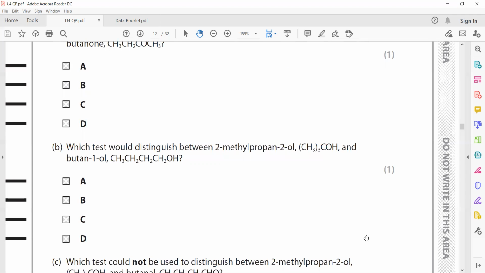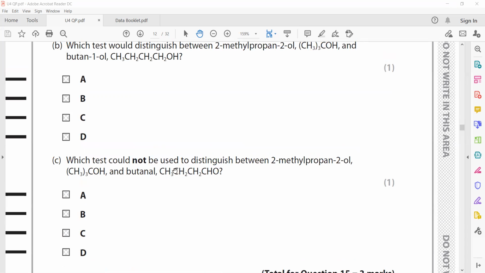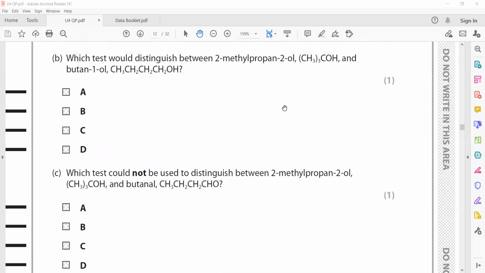Alcohols are soluble, so both will dissolve due to hydrogen bonds. Here, 2-methylpropan-2-ol alcohol and butanol, because of the hydrogen bonds, they are both water soluble, so we cannot distinguish between them. Is it clear?